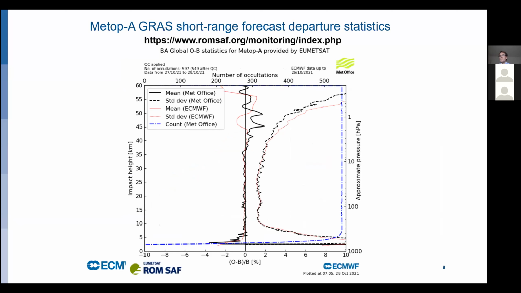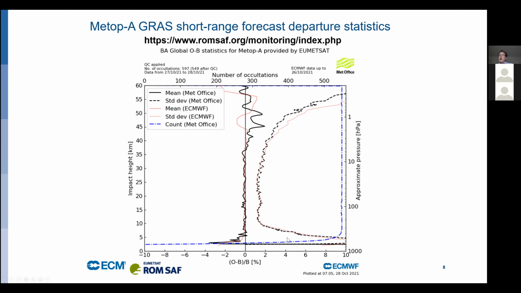And we've normalized it by the short range forecast value. So it's what we call O minus B over B. And you can see that the percentage difference between the short range forecast and the observations is lowest in this region from around about 10 kilometers up to about 35 kilometers. And then it starts to increase above that, and it also increases below that.